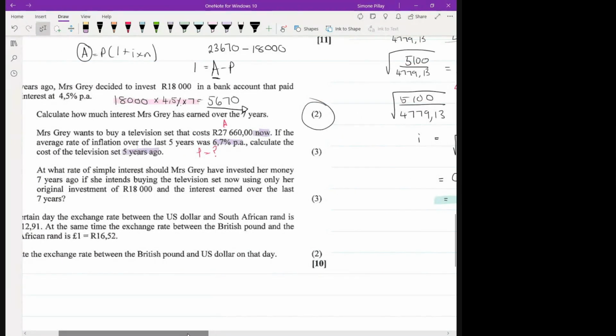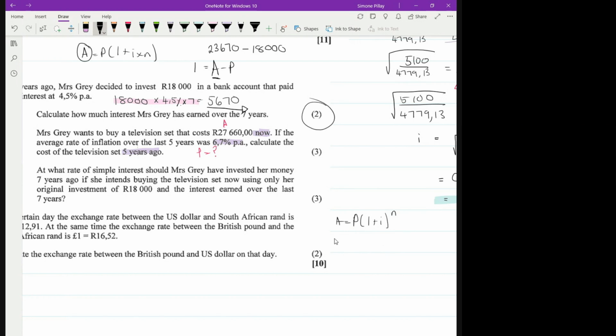So let's go and set that up. We are going to have A equals P(1 plus I)to the power of N. Remember, we're dealing with inflation, so compound interest.